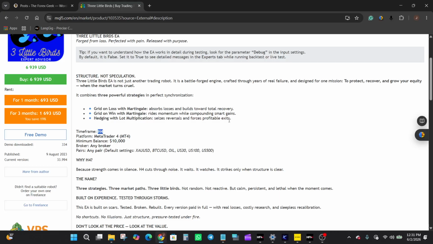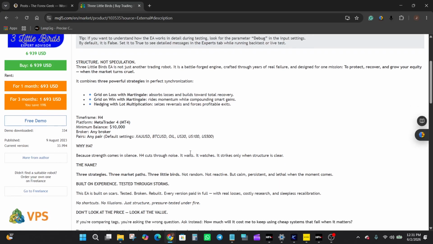One important detail mentioned is that the EA is intended for higher balance accounts with a suggested minimum of $10,000. It's also described as working across multiple instruments, including pairs like XAU USD, BTC USD, oil, and indices such as US 30 and US 100.